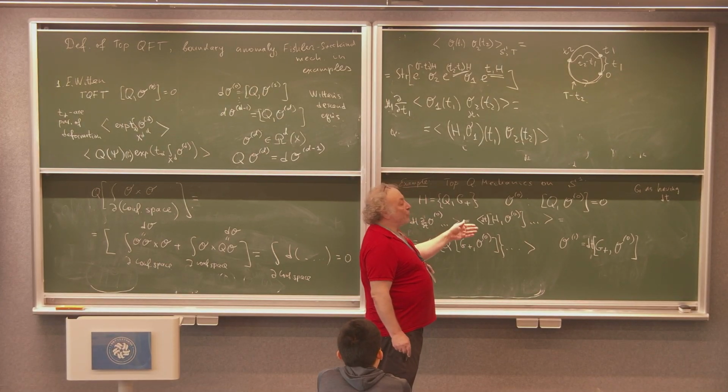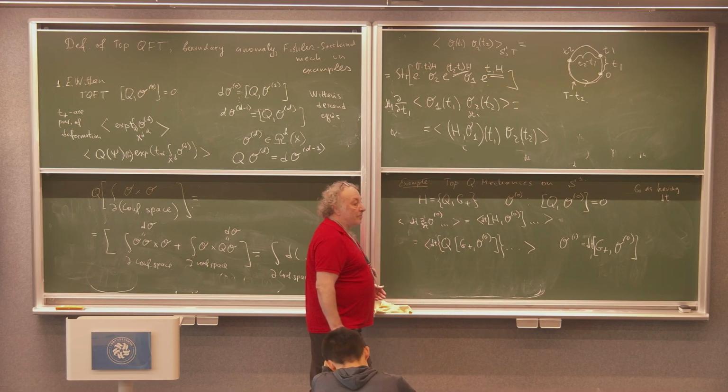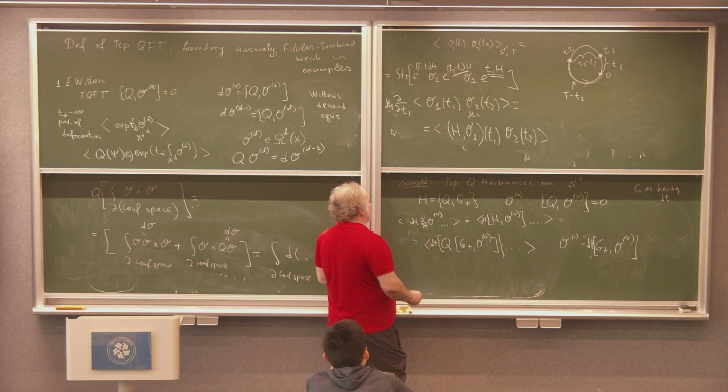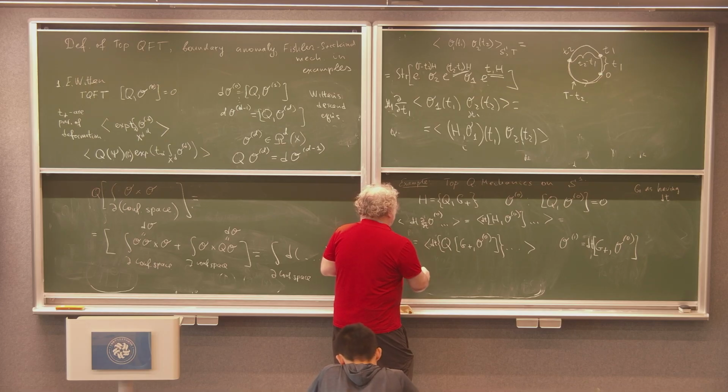So here I have O0 and O1. And now I'm trying to deform the thing. Since I already have t, I'm sorry, I will deform it with parameter g.